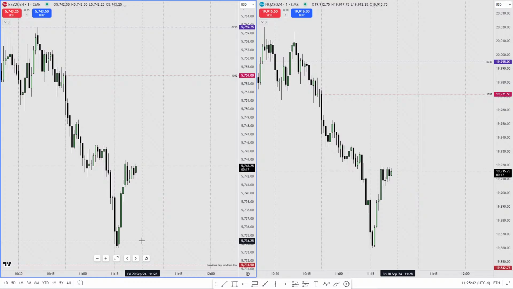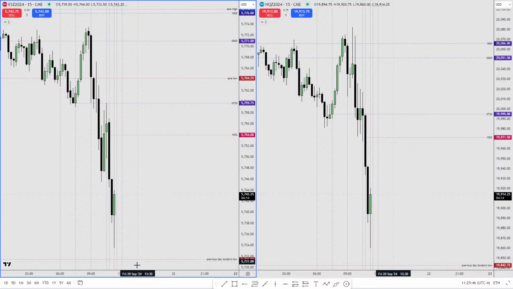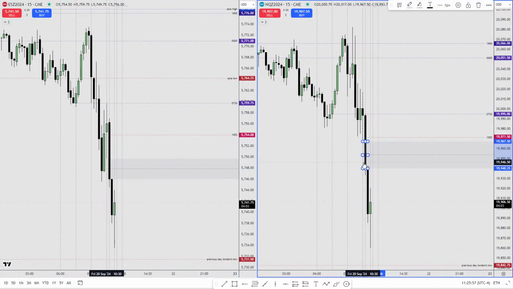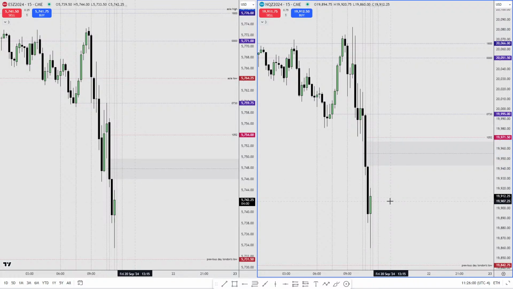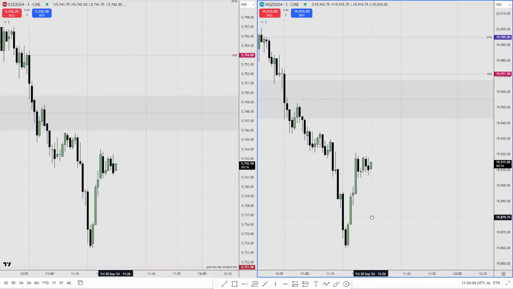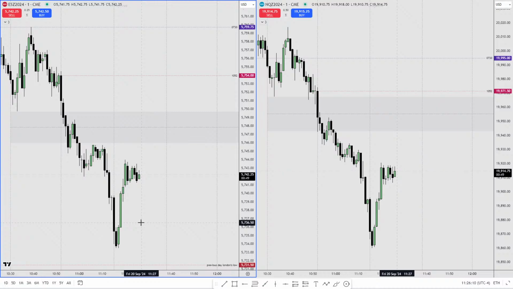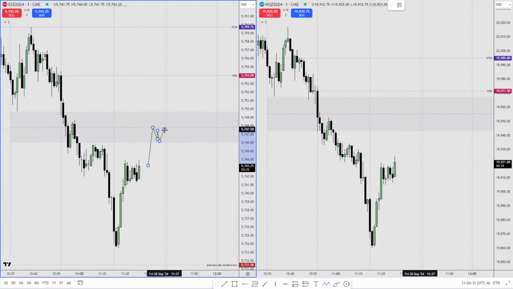Let's mark out the 50 minutes fair value gap for observation purposes. We can do something like this, and then we consolidate around here.